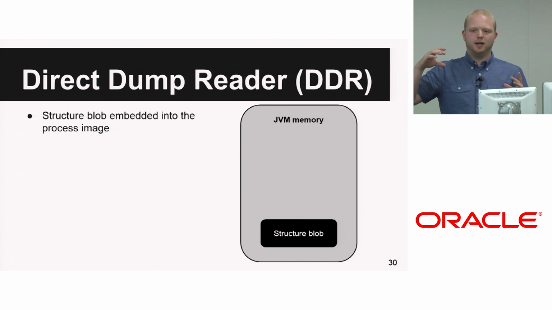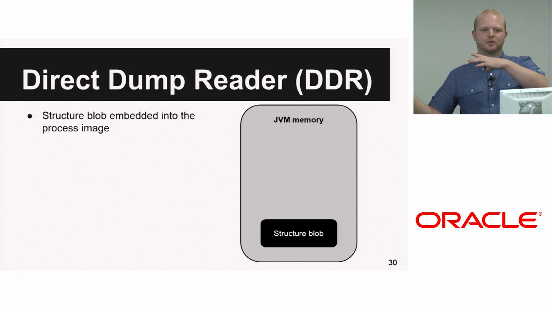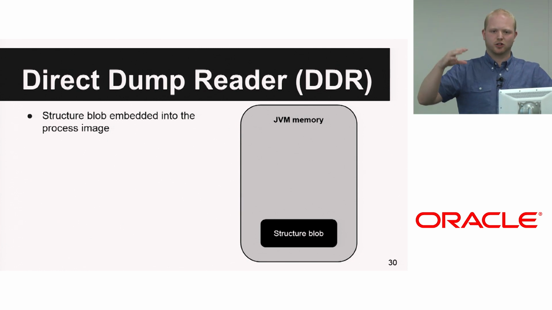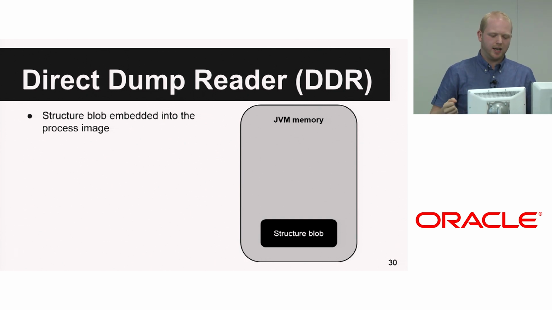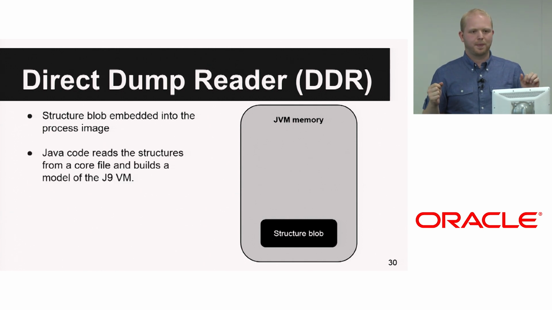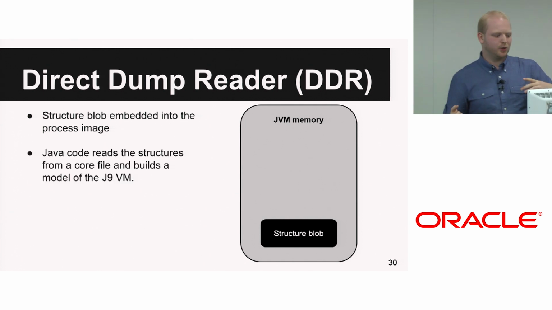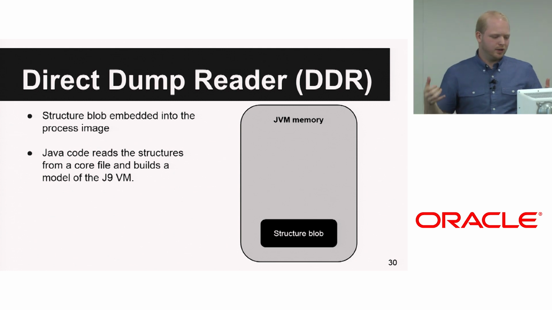The problem that has been discussed quite a bit today is taking the headers from our JVM implementation, extracting the information about the structure of the internal JVM structures, and then loading those into the process image, so that if we end up with a system core, the information about the structures is actually in the core. So when we get a core dump, we can open it and pull it back out.